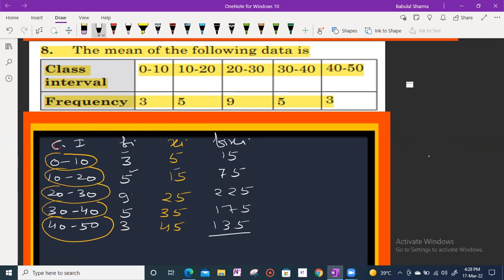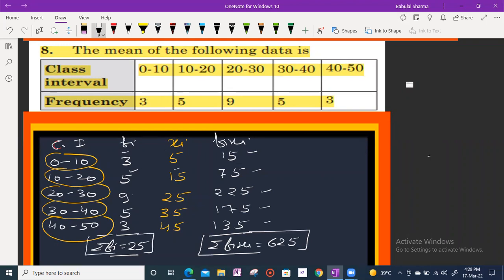Students, if you don't get the table, then make a column in rough and multiply these very carefully. The maximum mistakes that happen are in multiplication and addition, done in a hurry. We do not have to hurry. Then the sum of all frequencies, add these numbers, that is 3 plus 5 plus 9 plus 5 plus 3, that is 25. Then the sum of all f into x, that is 15 plus 75 plus 225 plus 175 plus 135. Yes, it will be 625. You have to add at your own place.